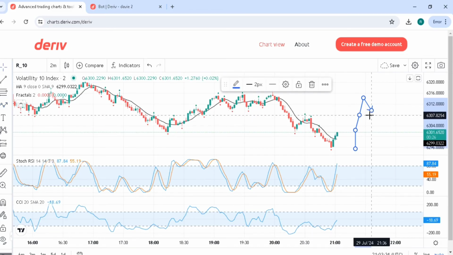At that instant, when it has moved upwards once, twice, thrice, and then it retests once, you run your bot.